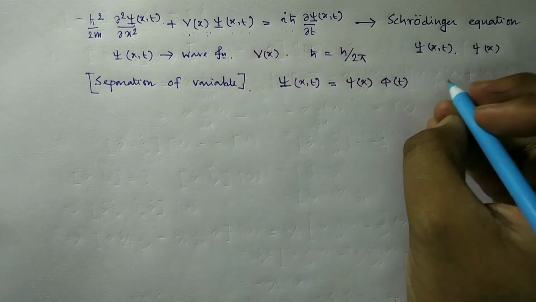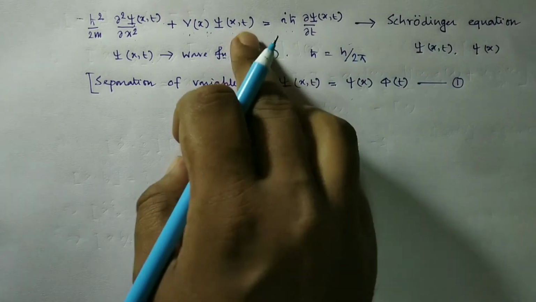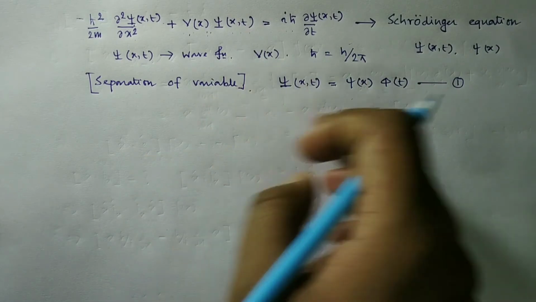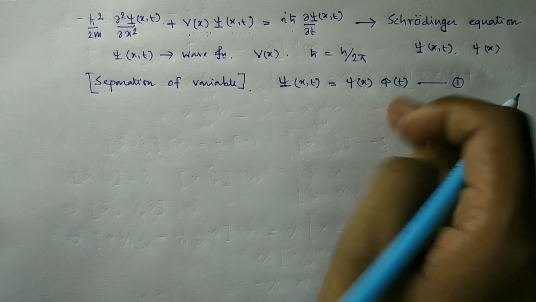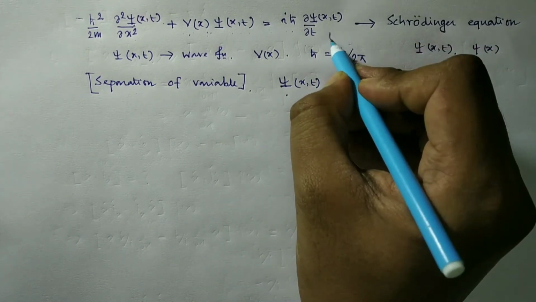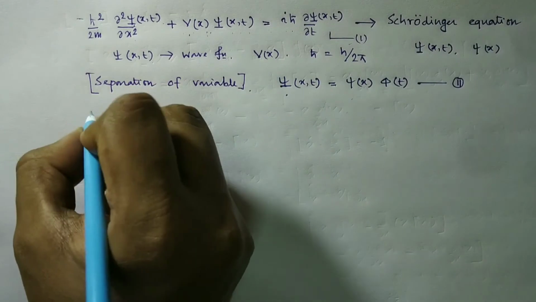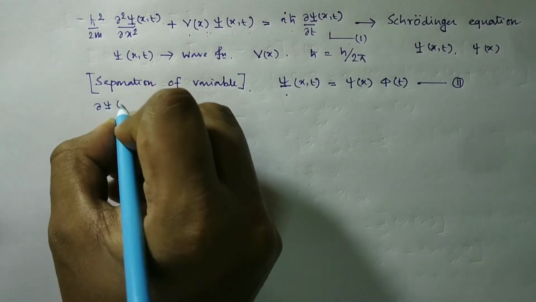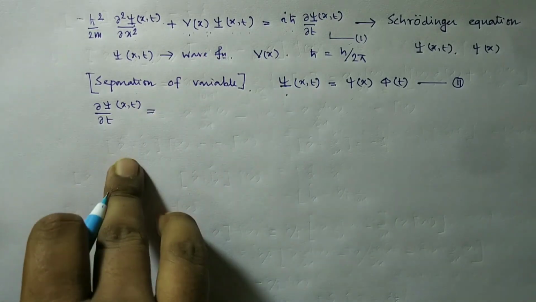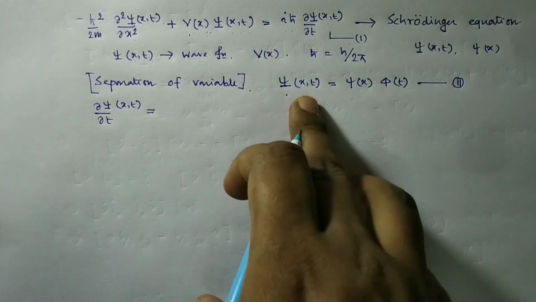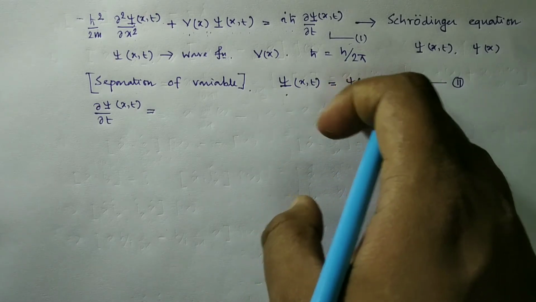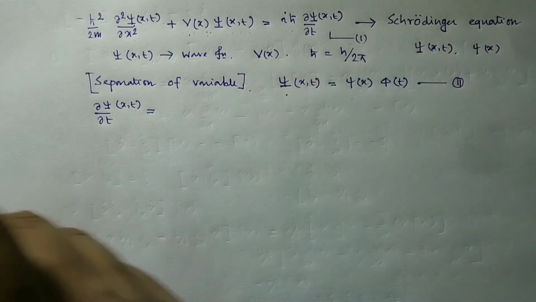Now using this we shall treat this equation. From here we are going to obtain the value of del Ψ del t. This is called number 2 and the earlier one is number 1. From number 2 we have del Ψ(x,t) del t. Look here, when we take the derivative with respect to time, ψ is only a function of x, so it will not be affected, and we can treat it as a constant term.